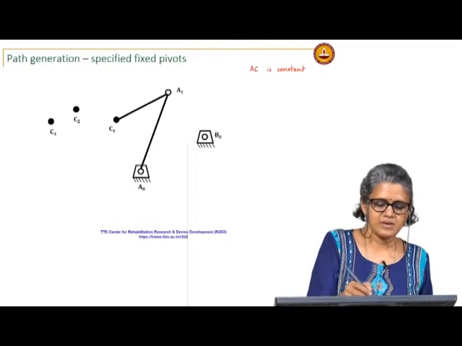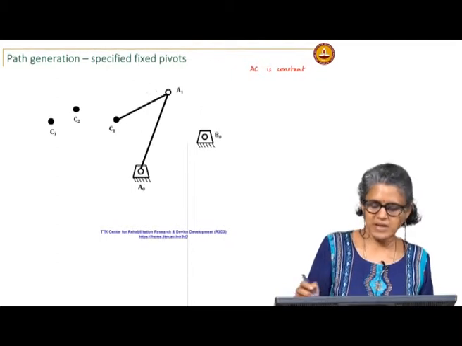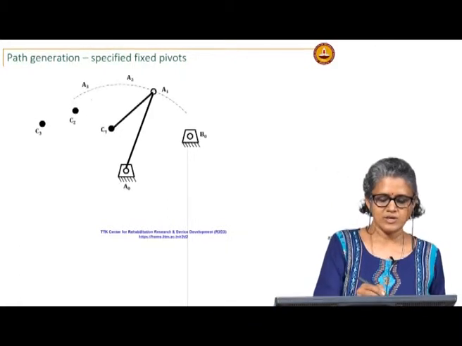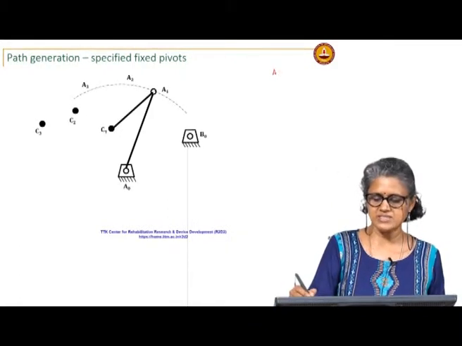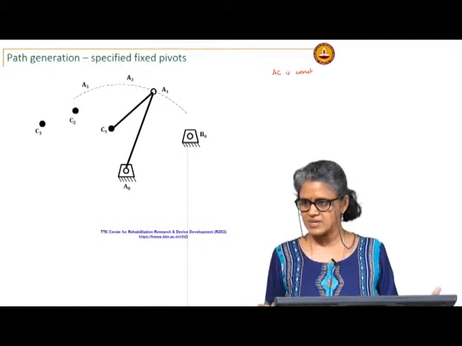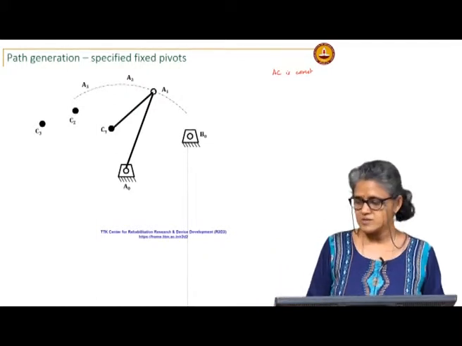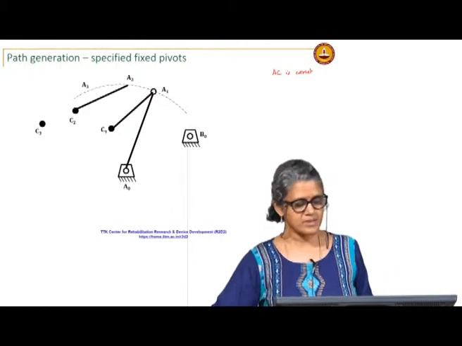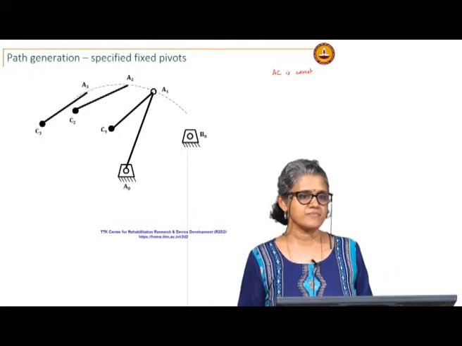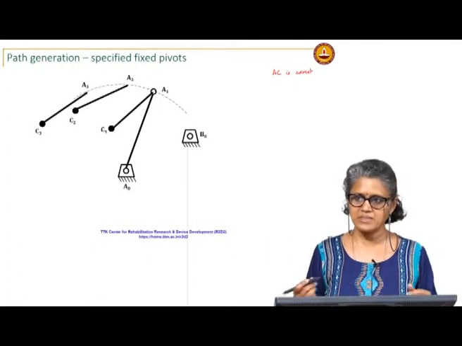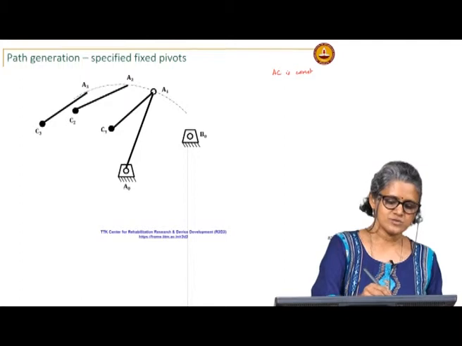So, A1 follows a circular path and your distance AC is constant. So, A1C1 will be equal to A2C2 equal to A3C3. So, now I can find the location of A2 and A3 on this path.